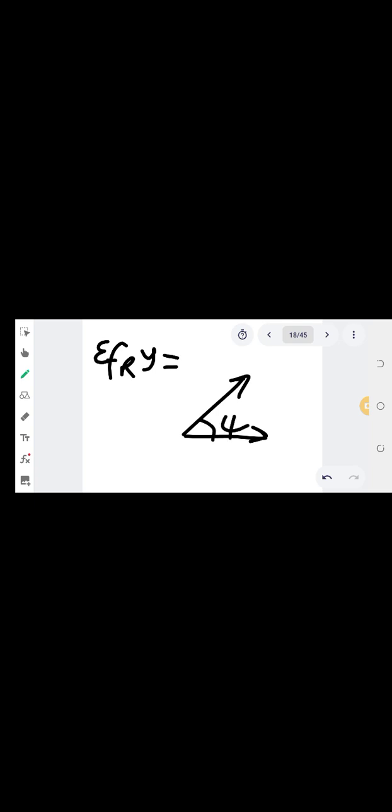So we have got this 40 degrees angle here. Then we have got the 80 newtons. Then this is the x-axis. So now we are looking for this side, we are looking for Fy.